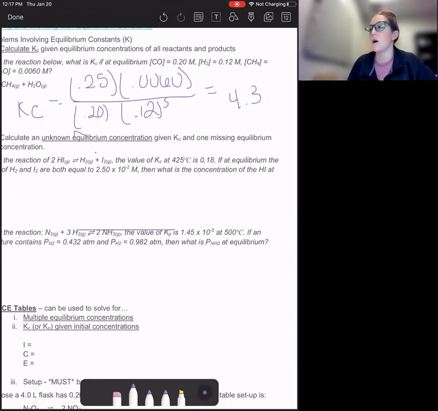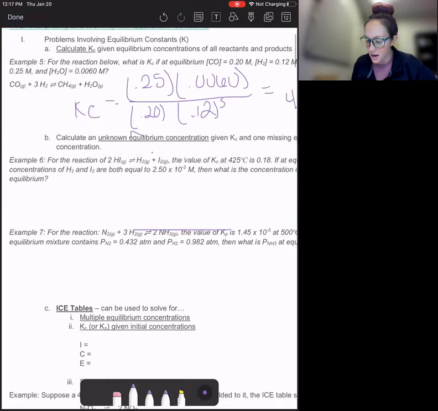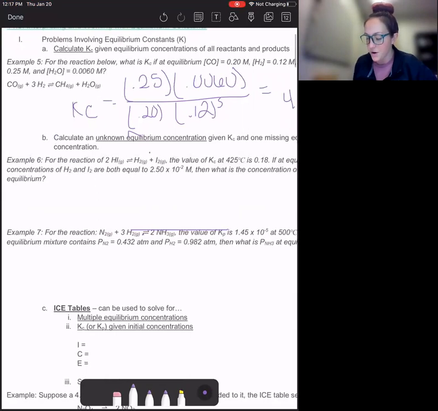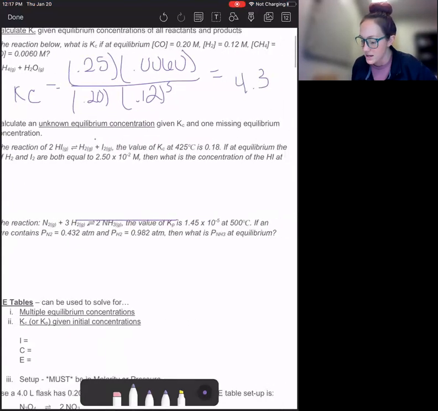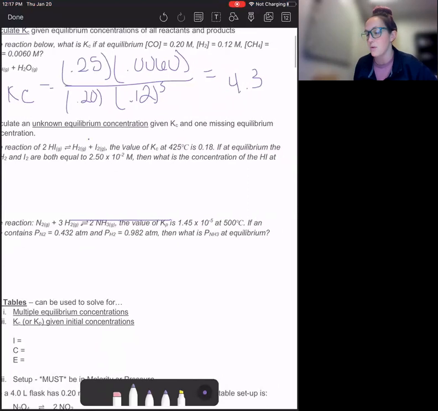Now we could also solve for an unknown concentration if I have the Kc and all the other values. So example B is for calculating an unknown concentration if I had Kc and all of the other concentrations, so I'm just missing one. Again, very straightforward algebra. For the reaction, the value of Kc at 425 is 0.18.